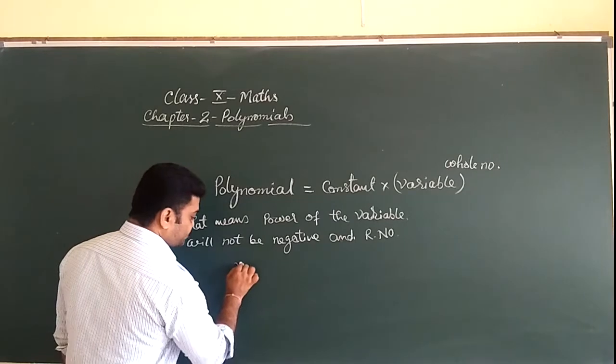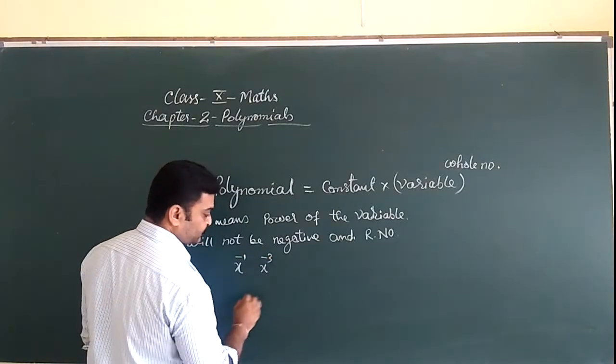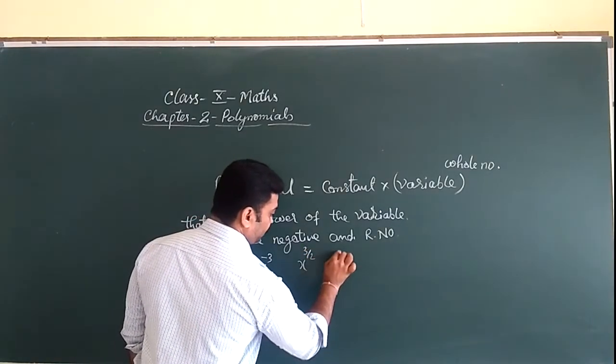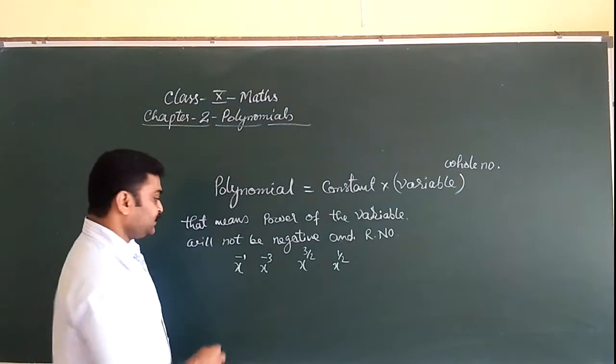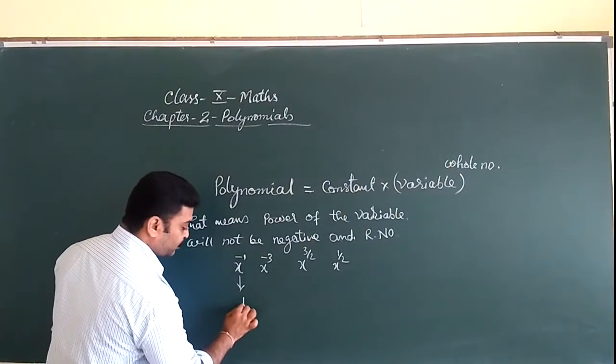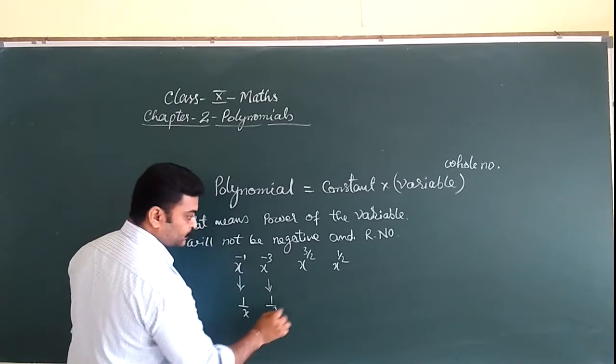That means x to the power minus 1, x to the power minus 3, or x to the power 3 by 2, x to the power 1 by 2 are not allowed. Basically x to the power minus 1 is 1 upon x, and x to the power minus 3 is 1 upon x cube.